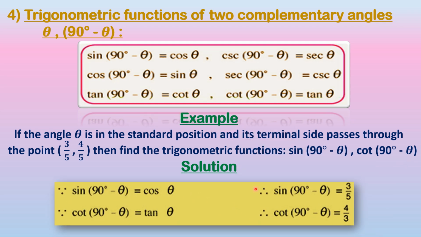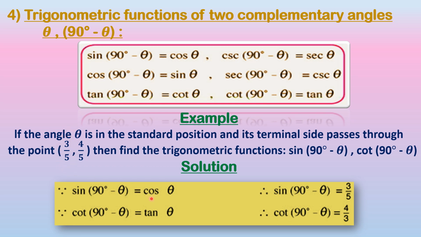We studied before that sine 90 minus theta equals cosine theta, as we see. And we studied before that cosine is the x in the ordered pair, so the cosine is x. The x here is what? It is 3 over 5.